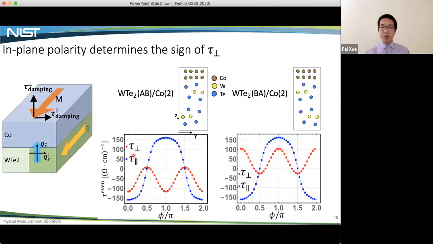So we see that the out-of-plane one indeed flips the sign. But for the in-plane one, it's coming from the polarity in the z direction, or in the stacking direction, which is not changed in these two configurations. So we expect it not to change too much. But in an ideal system, where we perform all these first principle calculations, what we are doing is just changing the sign of the electric field.